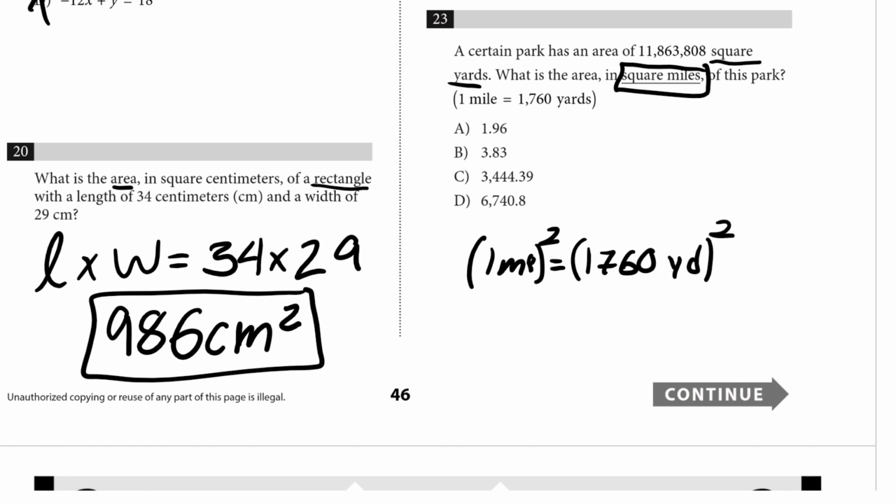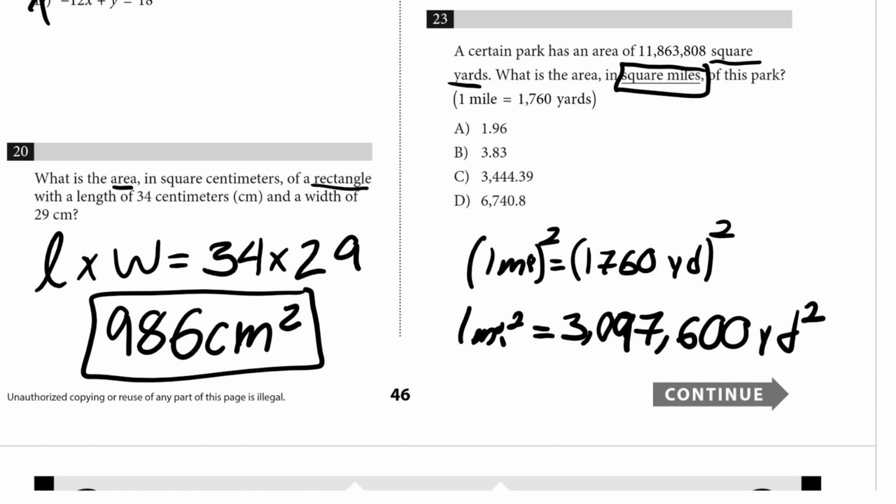We know 1 mile squared would be 1 mile squared. And for 1,760 squared, we get 3,097,600 yards squared.